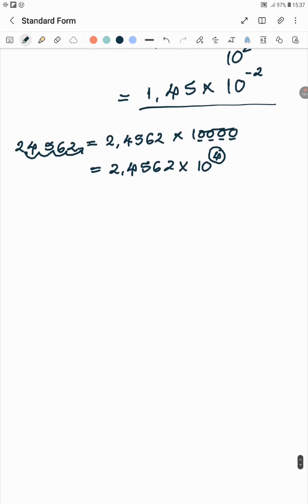Okay, I'm going to use another example. Let's say we have 0,0005. In standard form, we are saying this 0 is under 10th. This 0 is under 100th.